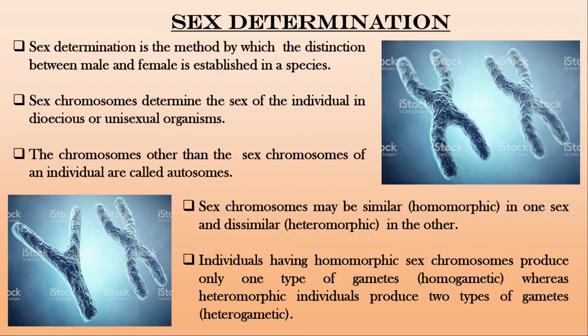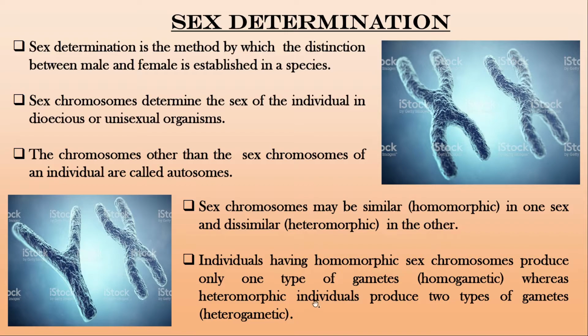The sex chromosomes may be similar or dissimilar. If similar, it is called homomorphic. In female it is similar, determined by XX, double X. When dissimilar, it is called heteromorphic. In male it is XY, and so it is heteromorphic.